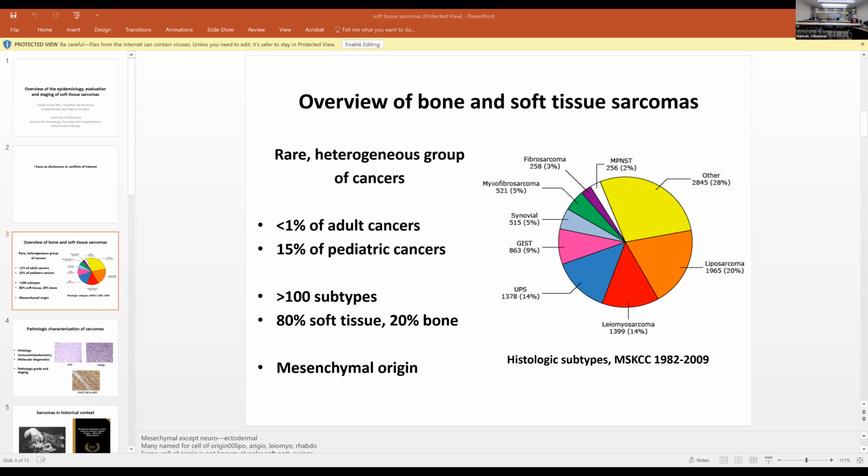But unfortunately, not very much in sarcomas. However, the concept of immune therapy in cancer therapy, we can link back to sarcomas.